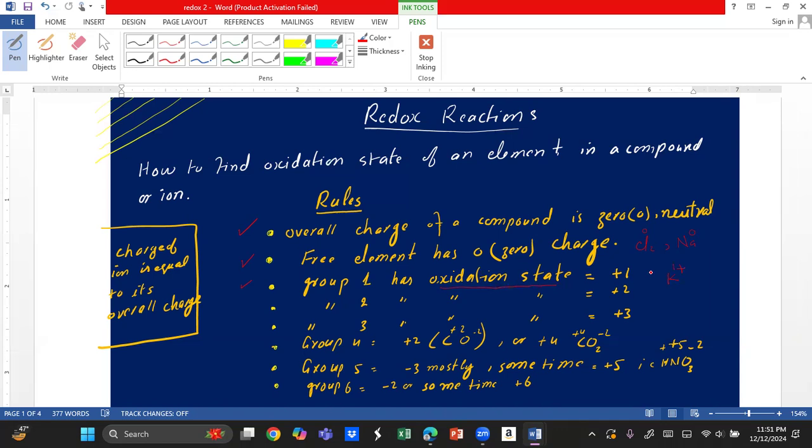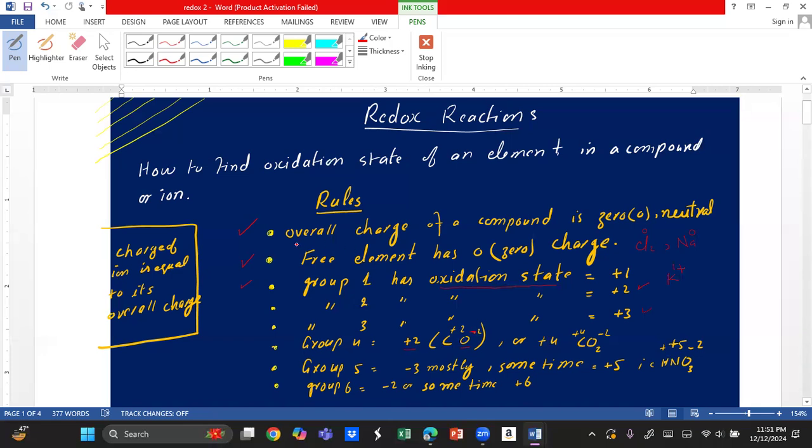Similarly, oxidation state of group 2 is positive 2. Oxidation state of group 3 is positive 3. Group 4 has a variable. Sometimes it is positive 2. For example, in carbon monoxide, oxygen is -2 because it belongs to group 6. It needs 2 electrons. Its charge is -2, which is the oxidation state of oxygen.